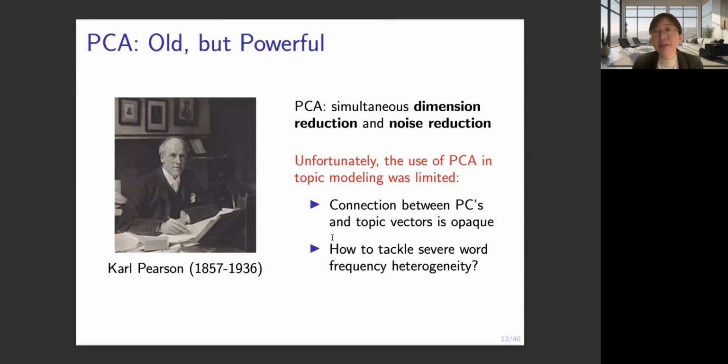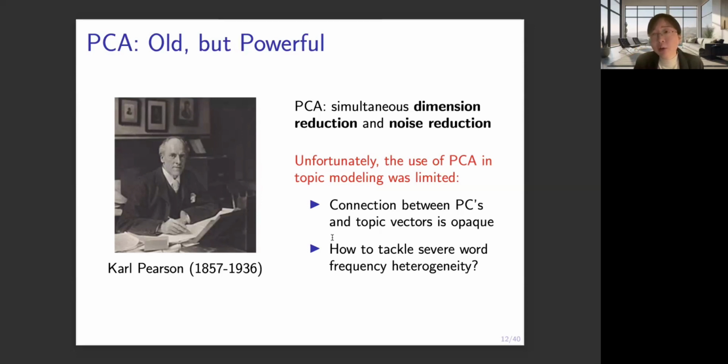There were two big challenges. The first challenge is that the principal components are by themselves not valid estimates of the topic vectors. So we need to figure out the unknown connection between the PCs and the target topic vectors. The second issue is that text data have very severe heterogeneity.